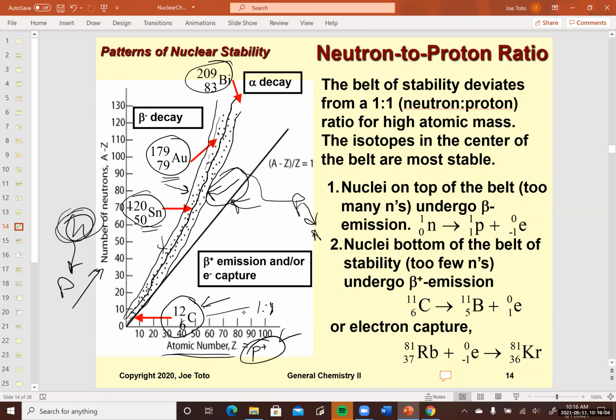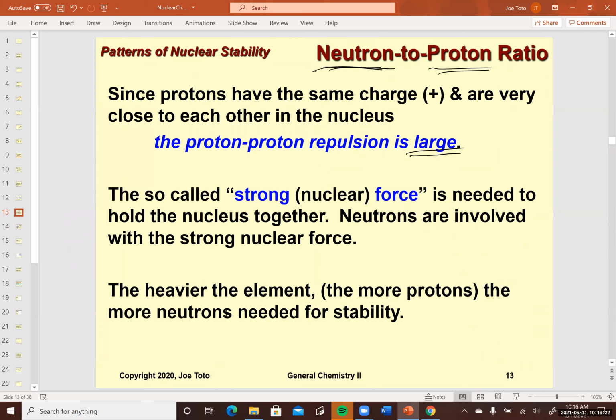Now, we just looked at some possible decays, and for proton to neutron, we found two possibilities: a positron emission or an electron capture. Remember, we looked at those back here.